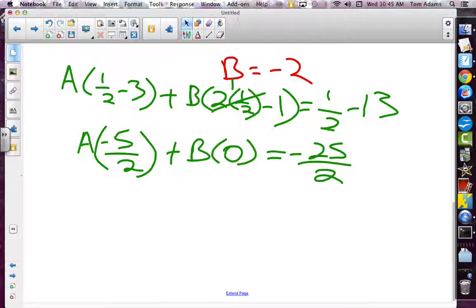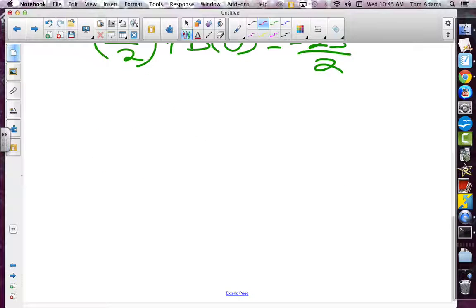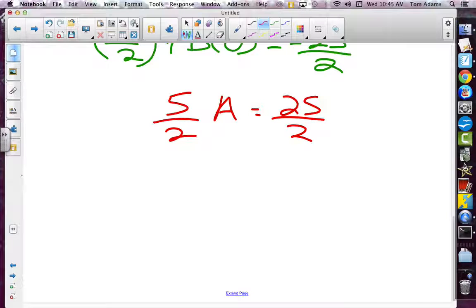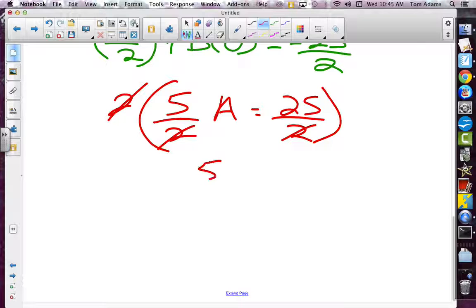Well, the negatives cancel, and so I get 5 over 2 a is equal to 25 over 2. Well, if I multiply everything by 2, then the 2's cancel, and I get 5a equals 25, or a equals 5.